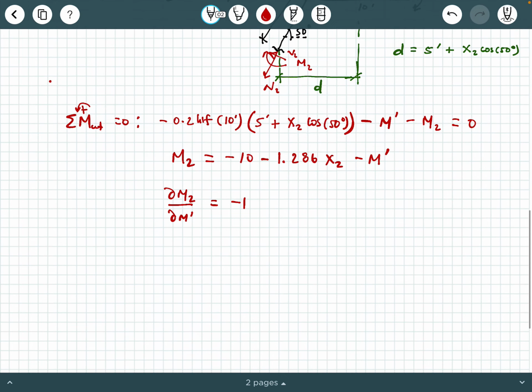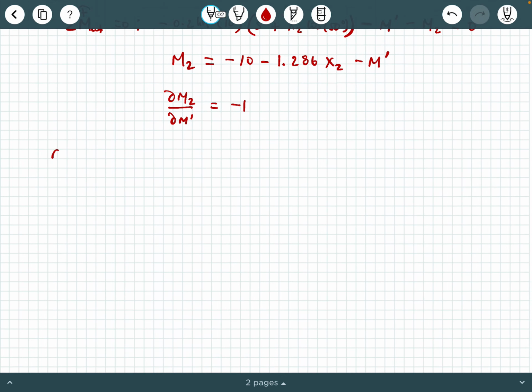Now we're ready to set up Castigliano's formula. I'm going to get theta C is the summation as i goes from 1 to 2 of the integral from 0 to L of M over EI times dM/dM' dx, all sub i.